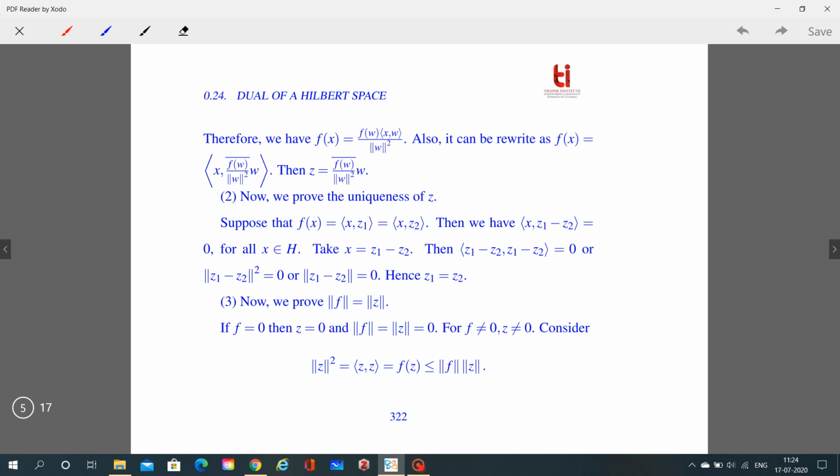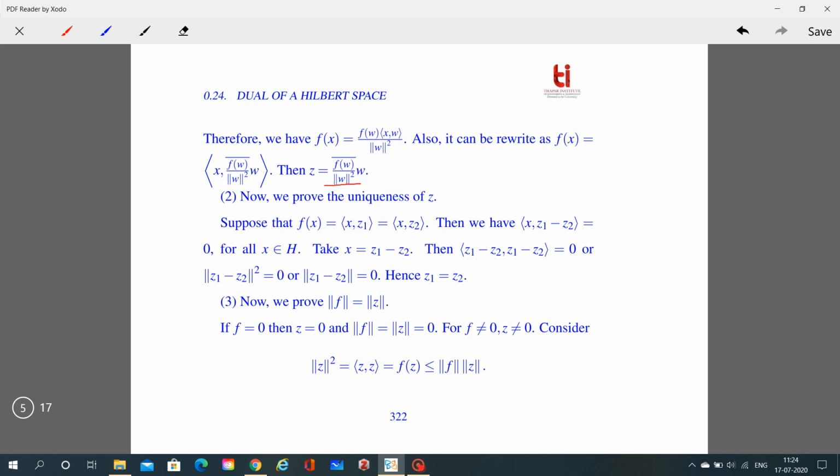Also, it can be rewritten as f(x) = ⟨x, (conjugate of f(w) over norm of w squared) w⟩. Then z can be represented as the conjugate of f(w) over the norm of w squared, times w. So we have proved the existence of such z.